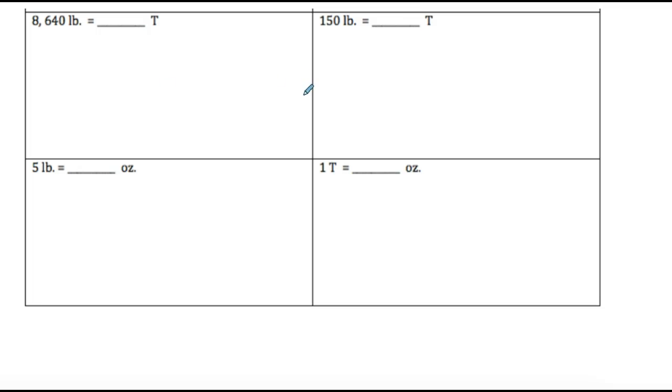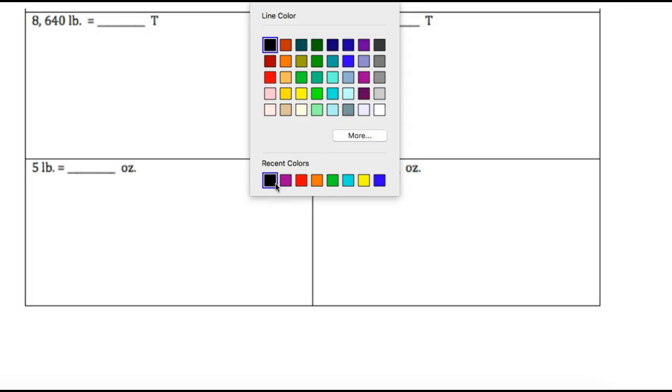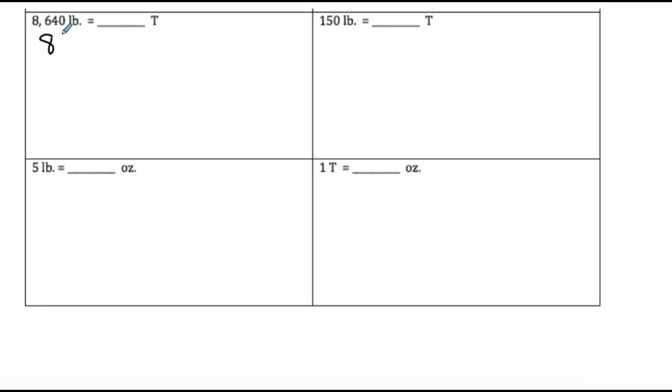We have a few more to go on the customary or American measurements. 8,640 pounds to tons. These are similar to what we've done. If you want to try them on your own, you're more than welcome to pause the video, try them, and then restart to see if you got the same thing I did. I'm going to keep going. If I have 8,640 pounds and I'm going to tons, that means pounds has to be on the bottom, and there are 2,000 pounds in 1 customary ton.